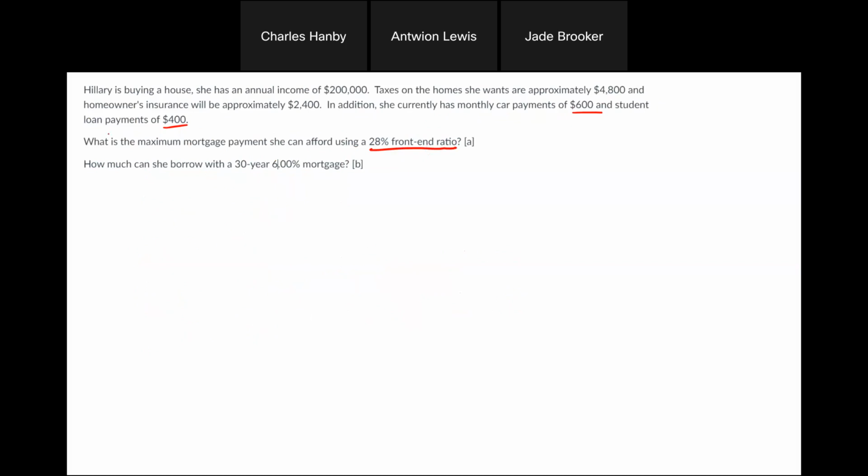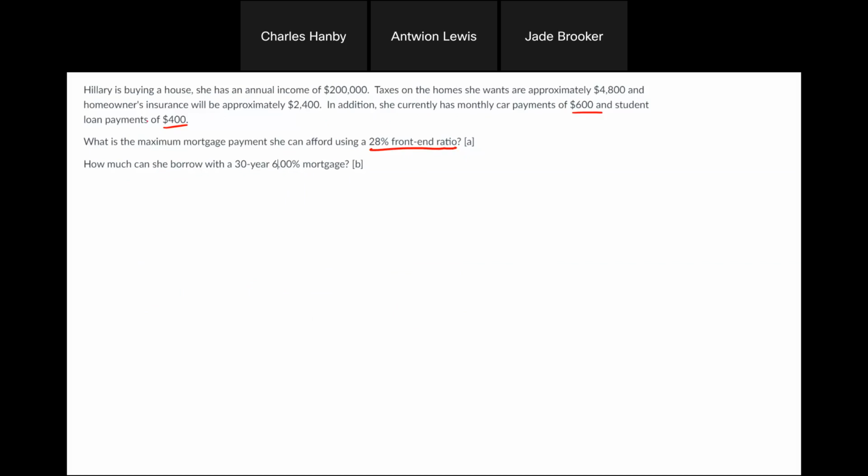So Hillary's buying a house. She has an annual income of $200,000. Taxes on the home she wants are approximately $4,800. Homeowners insurance will be $2,400. In addition, she currently has monthly car payments of $600 and $400. What is the maximum mortgage payment she can afford using a 28% front end ratio?